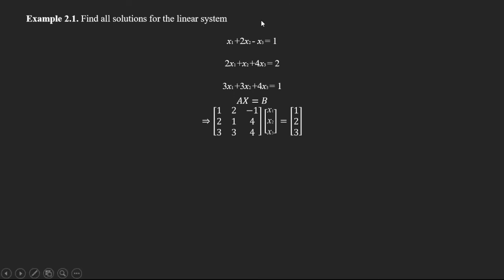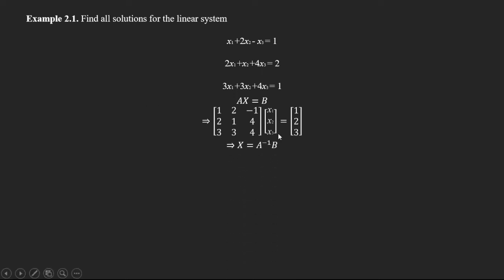In the coefficient matrix, the coefficients of x1, x2, x3 in the first equation are 1, 2, -1; in the second equation, 2, 1, 4; and in the third equation, 3, 3, 4. We have three unknowns x1, x2 and x3. On the right side we have 1, 2 and 1.